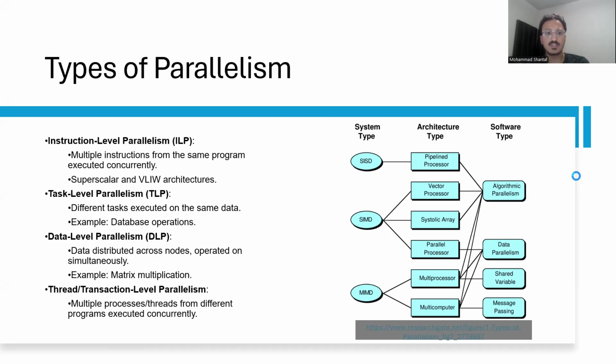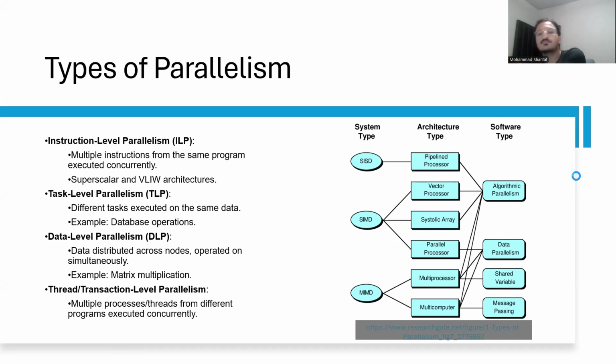Data level parallelism is data distributed across different nodes and operated on simultaneously. An example of that would be matrix multiplication. Thread transaction level parallelism, however, is multiple processes or threads from different programs executed differently.